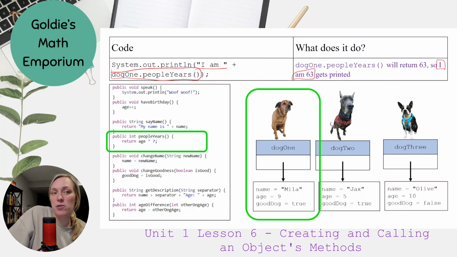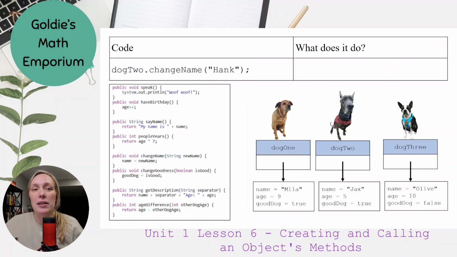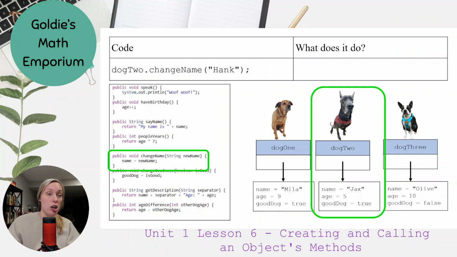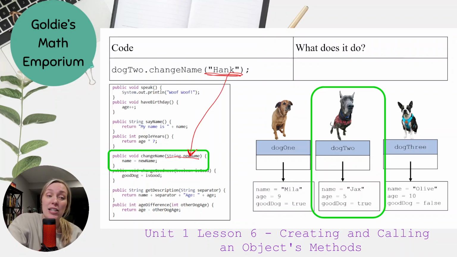All right, hopefully we're doing good. Let's look at this line of code. This says dog2.changeName("Hank"). What's going to happen here? Well, dog2 is our reference, and I'm going to go to the changeName method. It takes a string. Inside the parentheses, I have Hank. Hank is going to be assigned to newName.